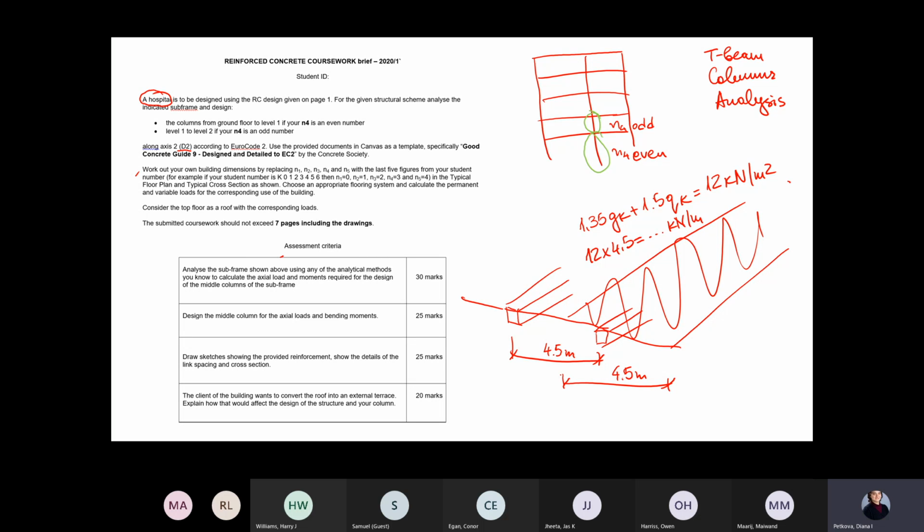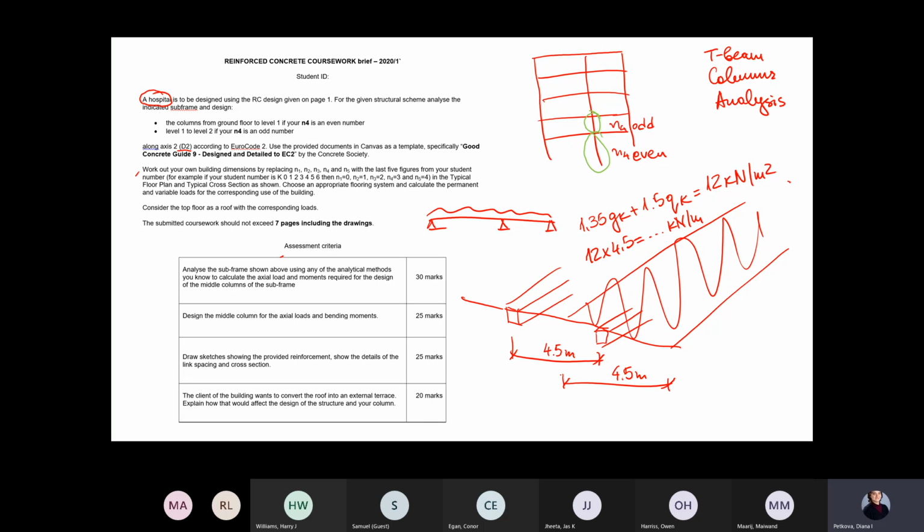And then when you look at your beam, you're going to use this value to analyze the beam. I think this is very straightforward.